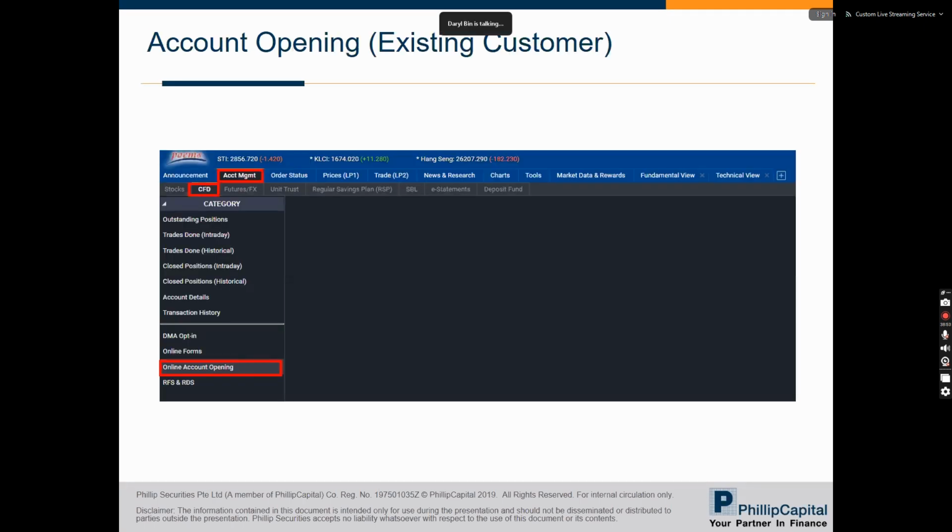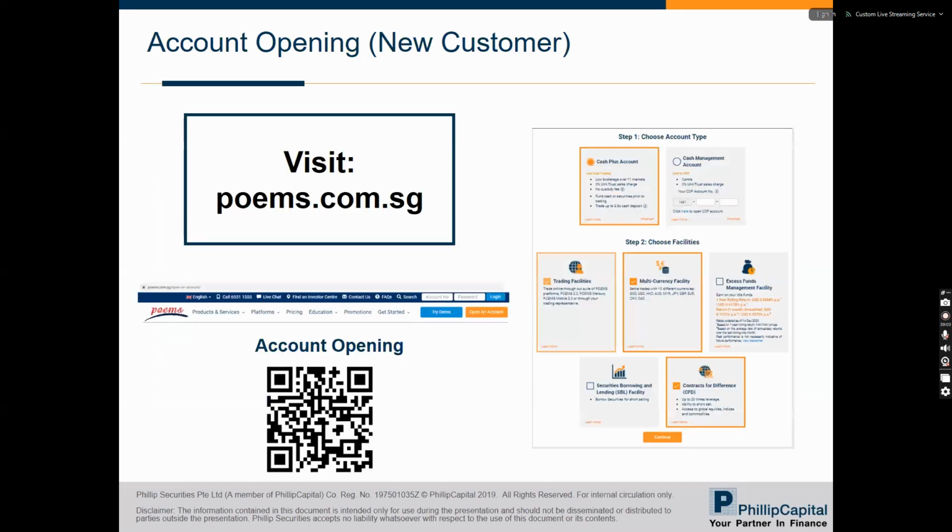For our existing customers, you may create an account by clicking on account management, CFD, online account opening. For new customers, you can create an account via bonus.com.sg and follow the steps.